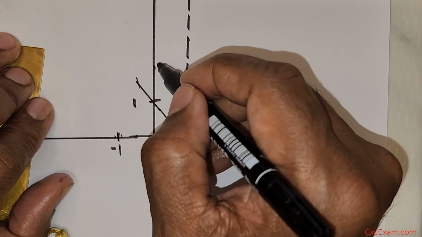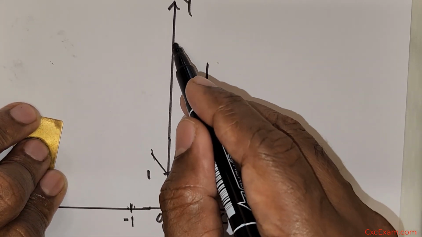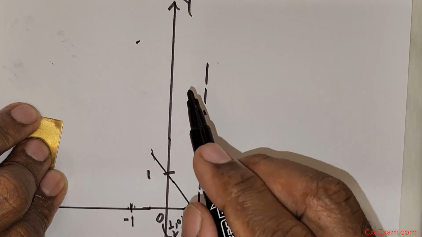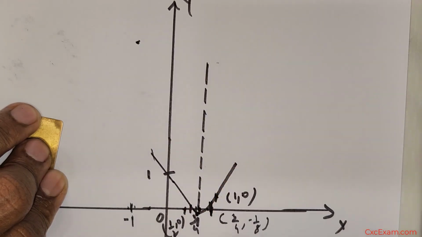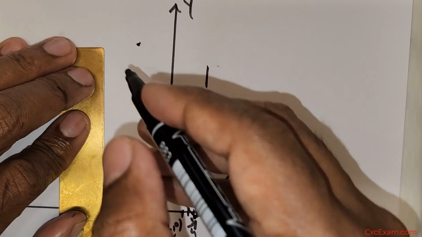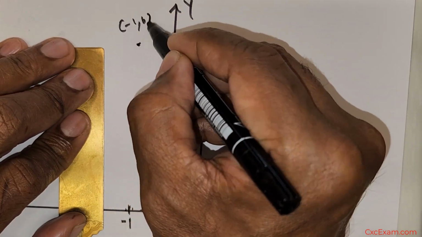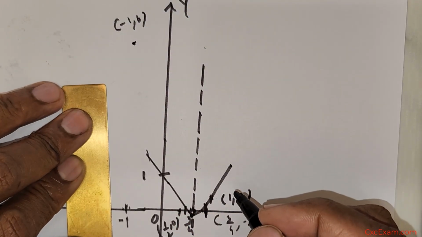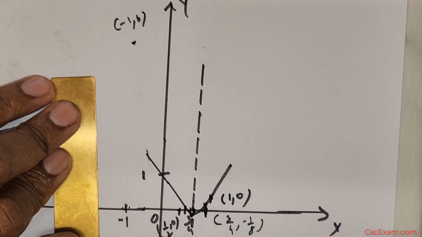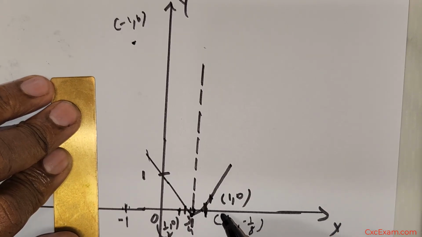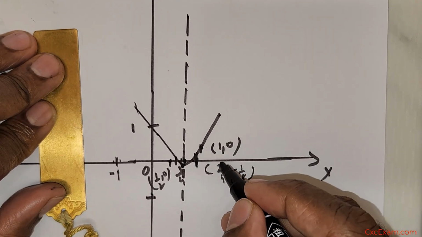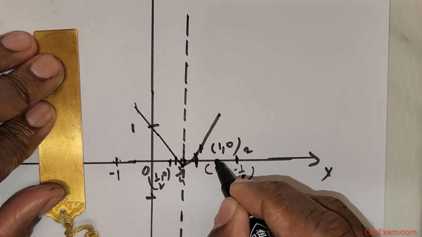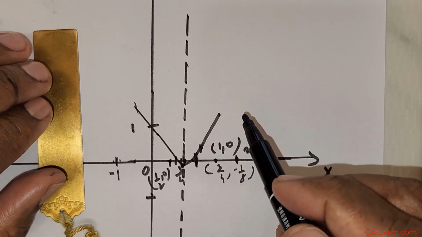So if this is approximately 2, 3, 4, 5 and 6, the figure is not to scale, so -1, 6 I'm taking it over there, and I can just mention it, -1, 6, and then you have 3 over 2, 1. 3 over 2 will be 1.5. So this is 1, and if this is 2, 1.5 is over here. So 3 over 2, 1.